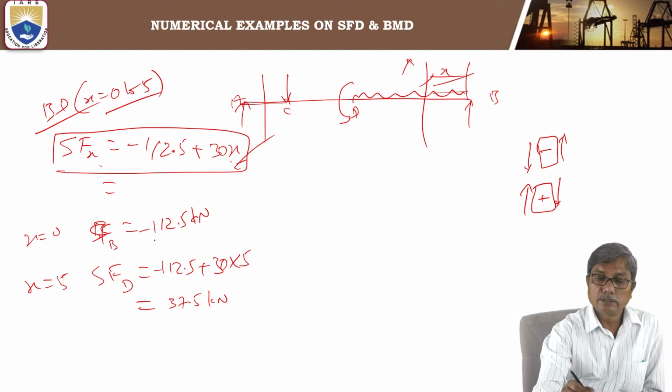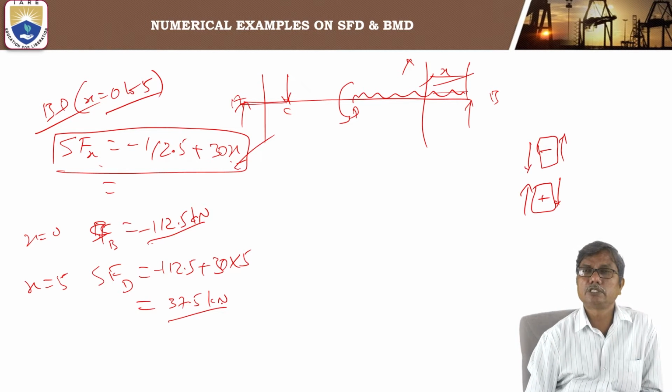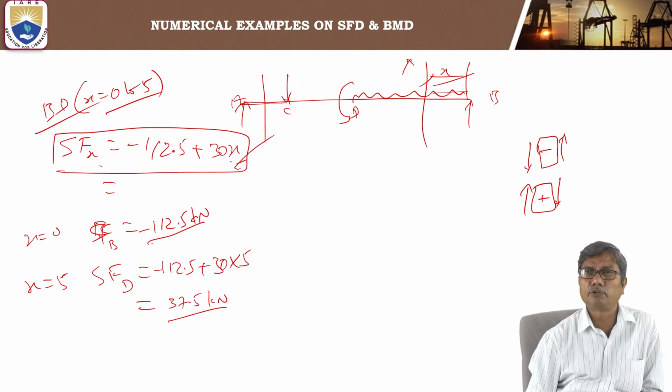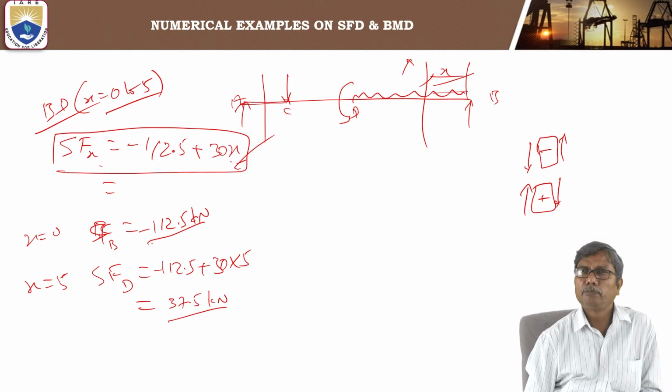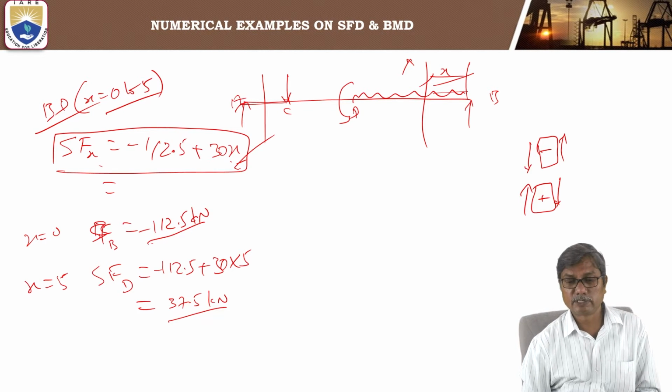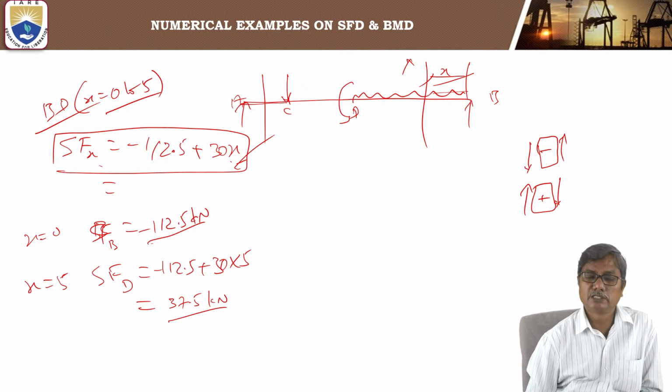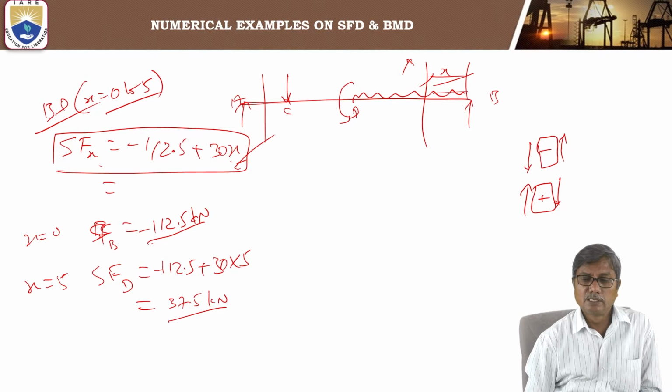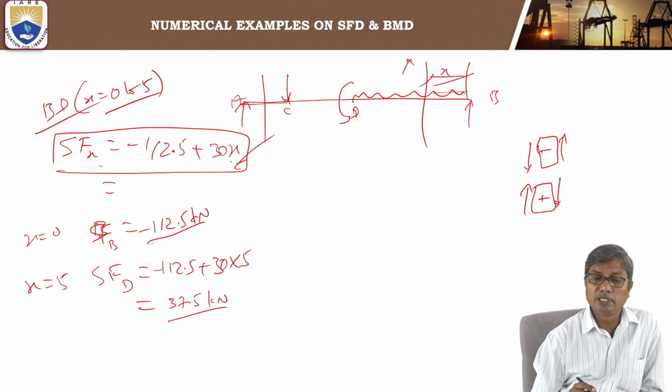At B it is negative, at D it is positive, so the shear force changes sign at some point between B and D. The point where the shear force changes sign is the point of maximum bending moment.